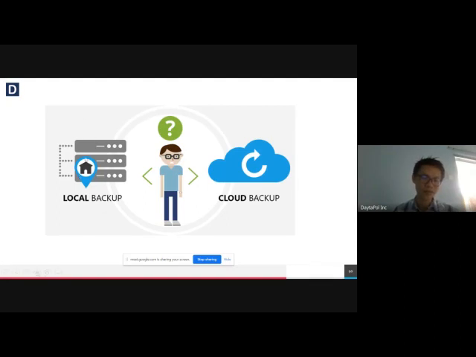And obviously the second is cloud, and this is what John and I love so much. We're talking about cloud every day. I am not much into local, because you can buy an external hard disk and place it in your office and start to back up your data.